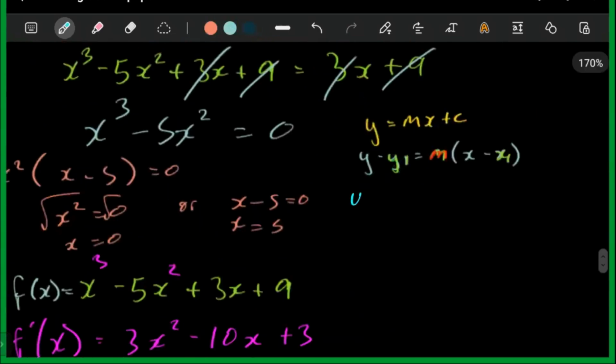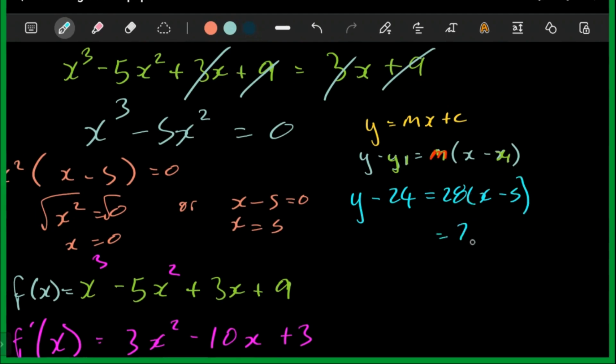So y minus y1, the y value is 24, remember. The gradient we have found as 28. The x value we got as 5. This is going to give you the equation of your tangent. So getting the equation of your tangent, 28x minus, it's a big number, eh? I need a calculator, because I don't want to do mental math.